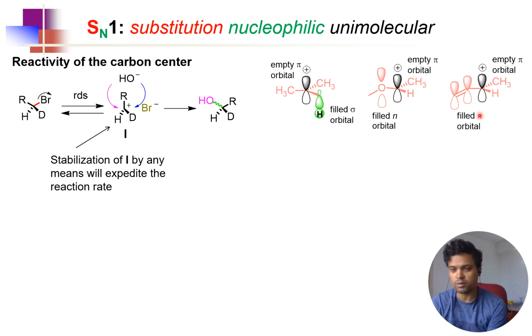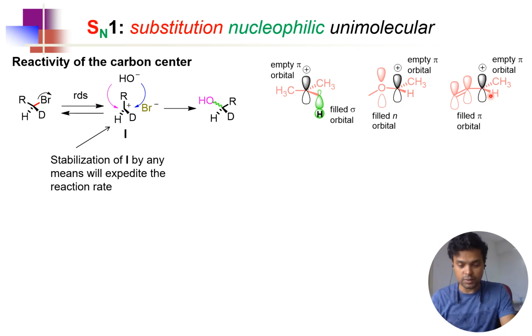Or in the other case, you could have an unsaturated double bond or triple bond. These orbitals have a pi bond that can also stabilize your carbocation by resonance. So these are the three different ways you can stabilize your carbocation, and if you have these three effects, then you have a better chance of getting the SN1 reaction.